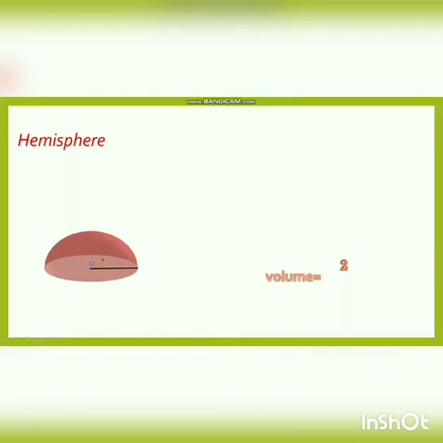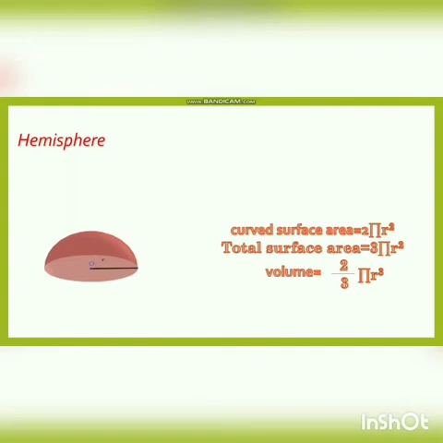Now see the formula of surface area and volume of the given hemisphere. Curved surface area of a hemisphere is equal to 2 pi r square. And total surface area of a hemisphere is equal to 3 pi r square.